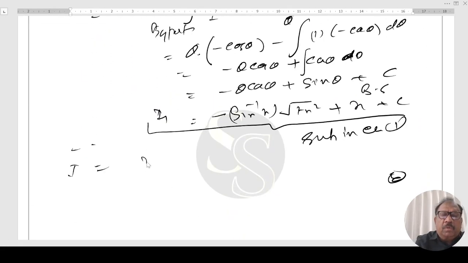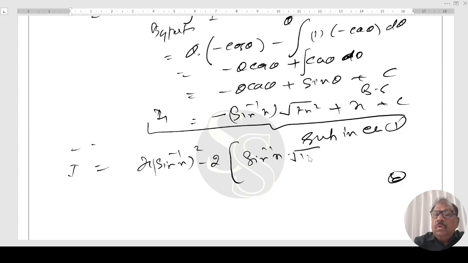I will be equal to x into (sin inverse x) whole square minus 2 sin inverse x under root 1 minus x square plus x plus c.